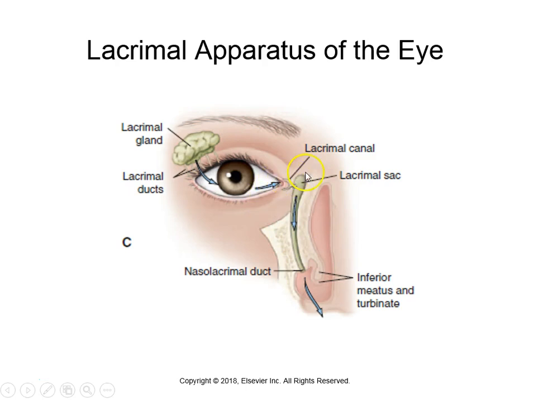And what's interesting to see is that drainage goes down into your nose, which is why if you cry a lot, your nose tends to run, because those tears are going down into your nose. When this gets clogged up, that's when you get all that crusty gunk buildup in your eyes when you're sick, for example. If that's not working properly and your tears can't drain, that's one thing that can happen.